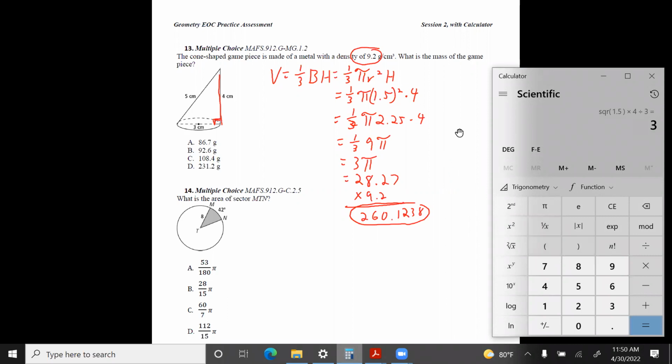You know what? Instead of using the pi button, let's use 3.14 and see what it is. Times 3.14. And then if I take that number and multiply it by the density, the number was much smaller than what I had the first time, wasn't it?